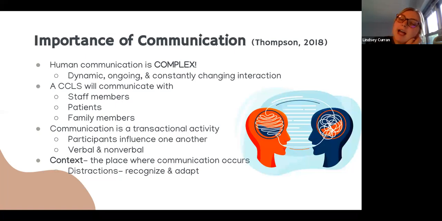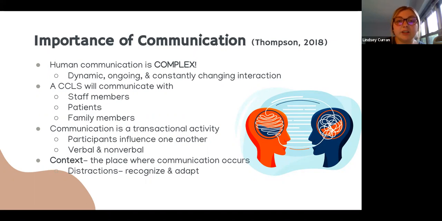On the next couple of slides, I'm going to be talking about a specific chapter in the Child Life Handbook by Thompson, specifically the chapter relating to communication. Starting off, human communication is extremely complex. It is dynamic, ongoing, and a constantly changing interaction between different individuals.